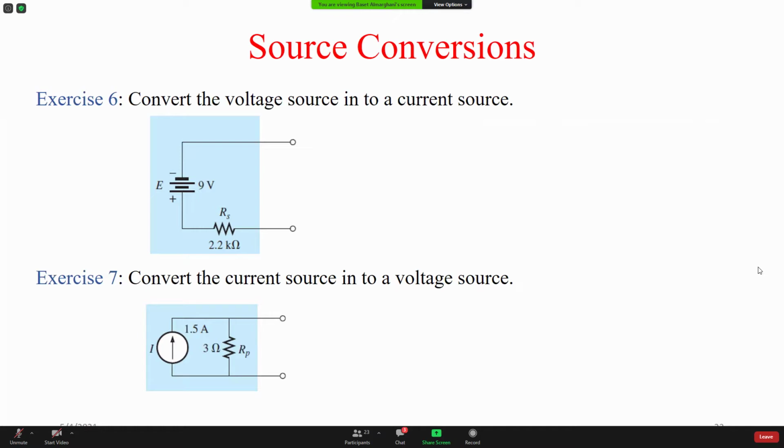Try to figure out first whether it is a DC source or an AC source. Draw the equivalent circuit that you want and label it. Try to find the information that you need for the equivalent circuit.